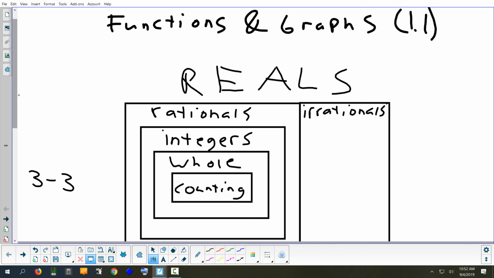So I have a counting number minus a counting number. Now, we know what 3 minus 3 is, right? It's 0. But is 0 a counting number? No. So if all you believe in is counting numbers, you would have to say this is undefined. You can't do it because there's no answer.